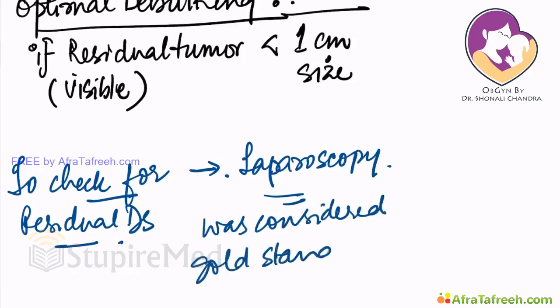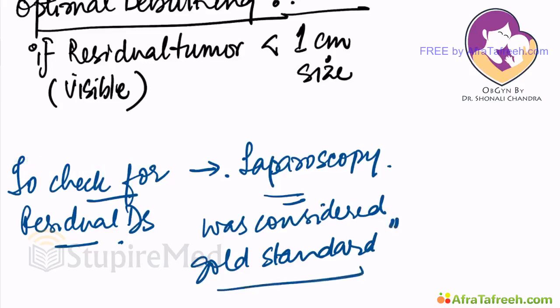Now we have newer diagnostic techniques like PET scan available. Does laparoscopy remain a gold standard to look for residual disease? I would say yes. If somebody asks me what the gold standard is to look for residual disease, of course you go inside and have a look. That is laparoscopy. However, I need to emphasize that it is not usually resorted to.